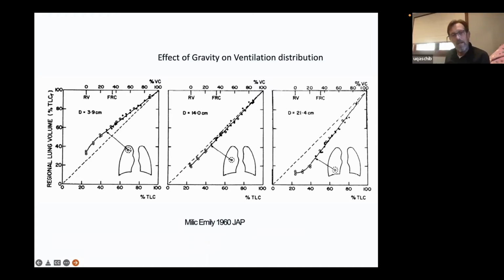So on the right panel there, you can see the so-called volume change in comparison to the TLC is initially slow and picks up very quickly, and we have much more lung volume change in the lower parts of the lungs. And this is more or less an accepted philosophy behind the ventilation distribution in healthy lungs.